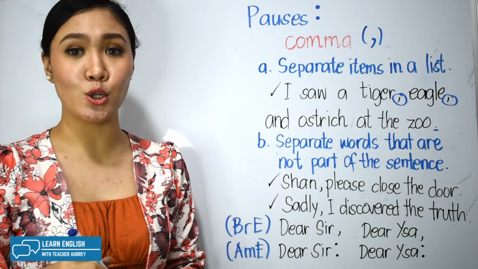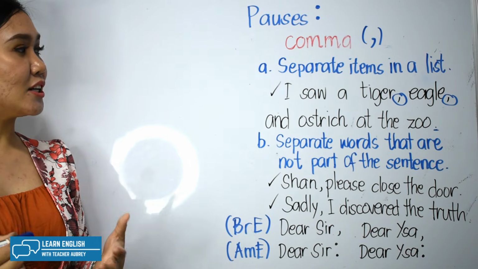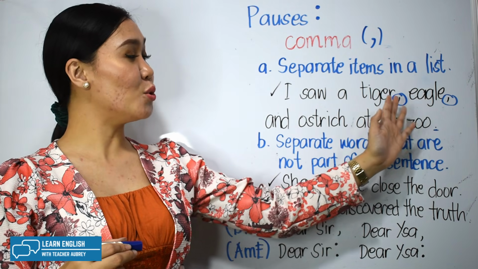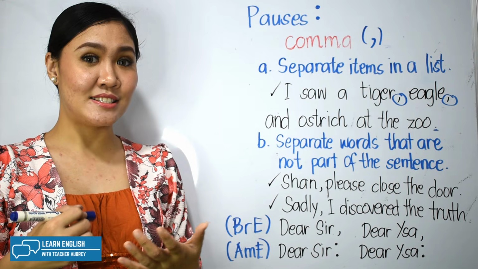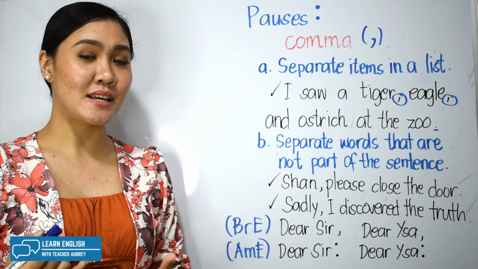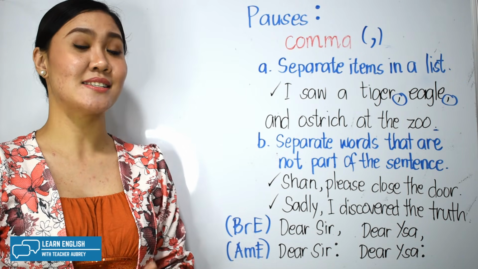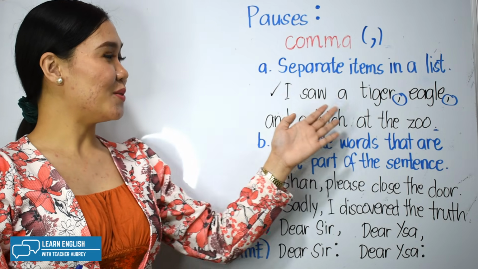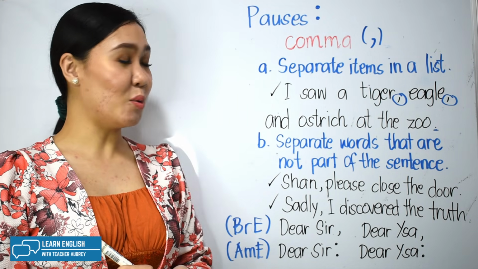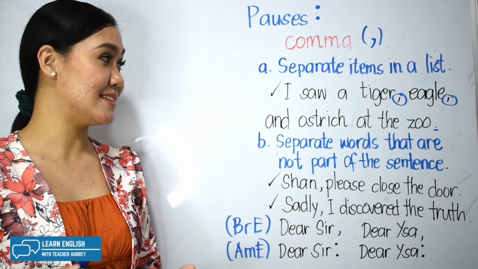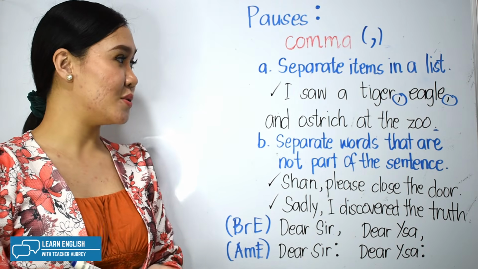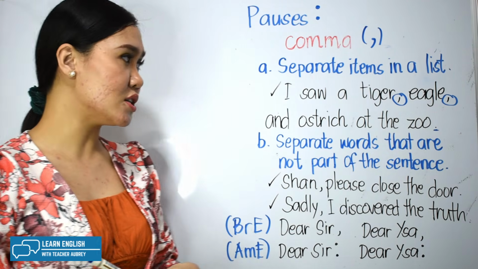Gumamit na tayo ng tuldok. Gagamit lang tayo ng comma para paghiwa-hiwalayin yung mga babanggitin nating different items sa isang particular category na nasa sentence. Dito, bumanggit tayo ng iba't ibang uri ng hayop na nakita niya doon sa zoo. We have the tiger, the eagle, and ostrich.